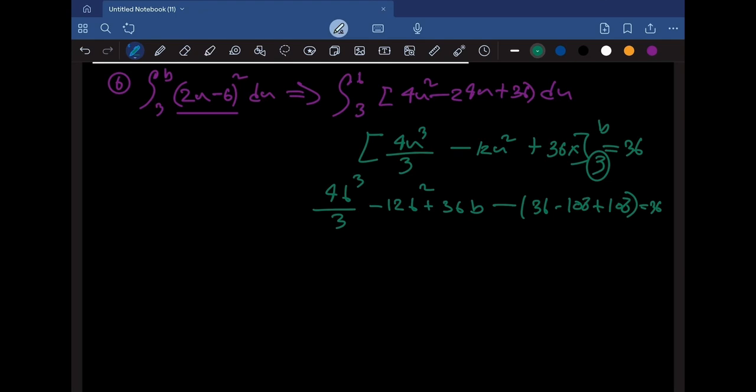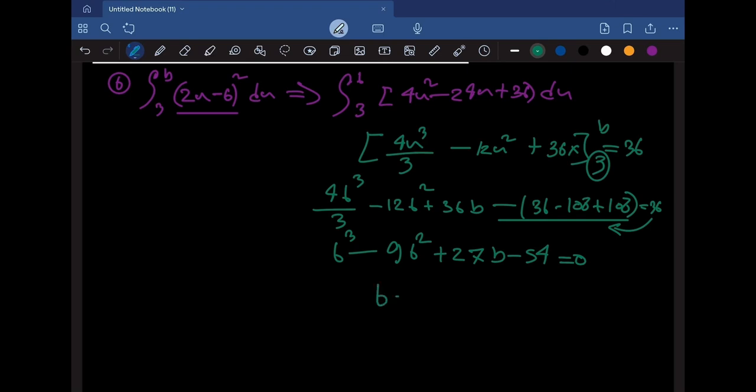It will become b cubed minus 9b squared plus 27b minus this whole value, which actually becomes 72, including this 36 right here. So it becomes minus 54, which equals 0.